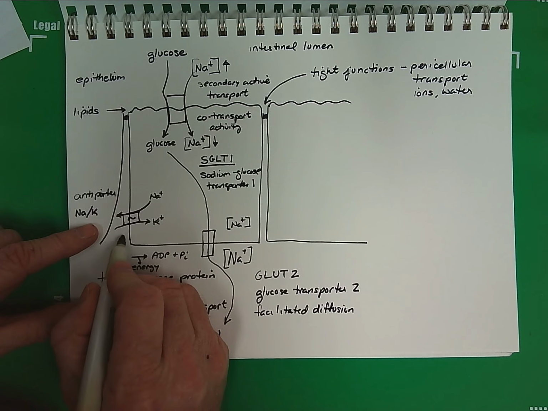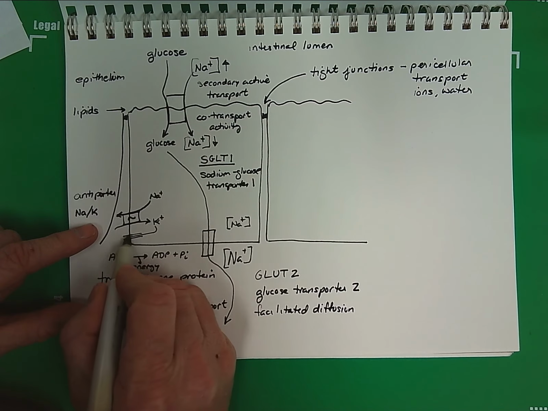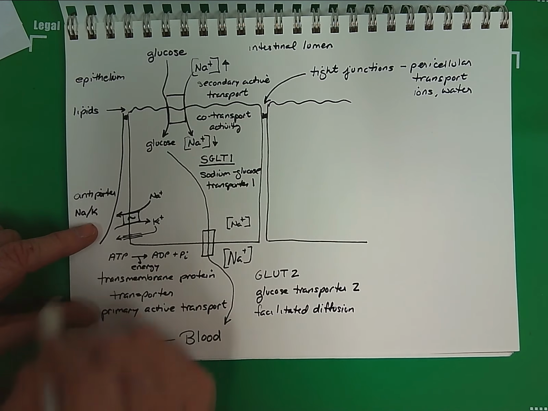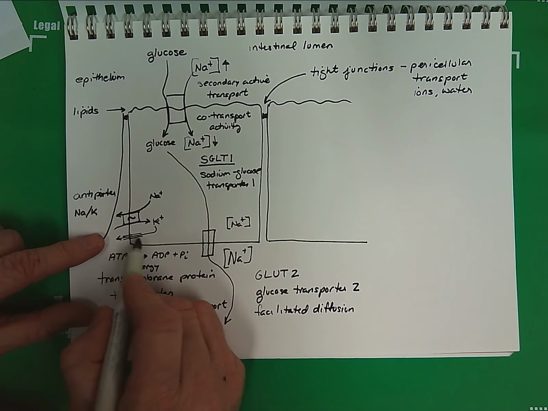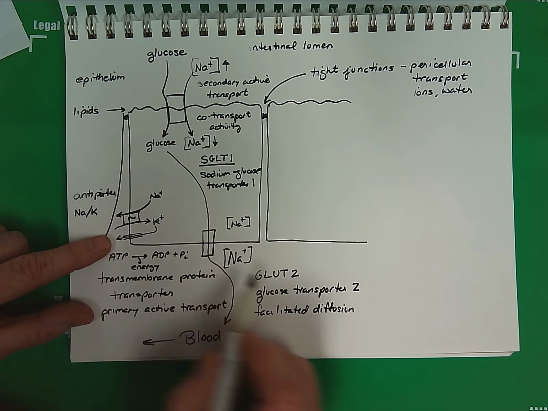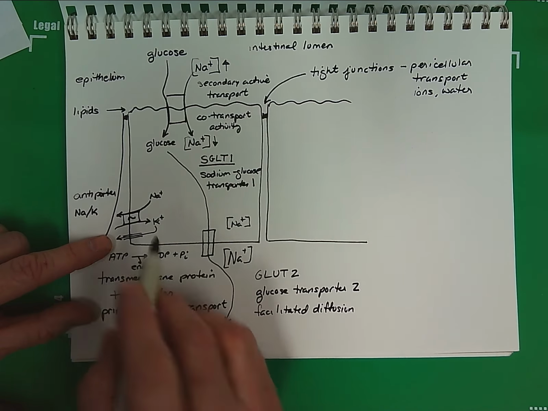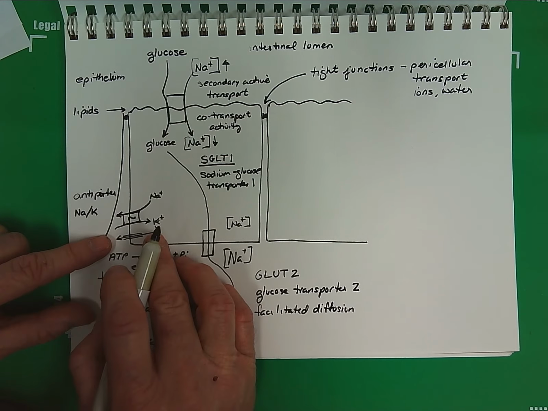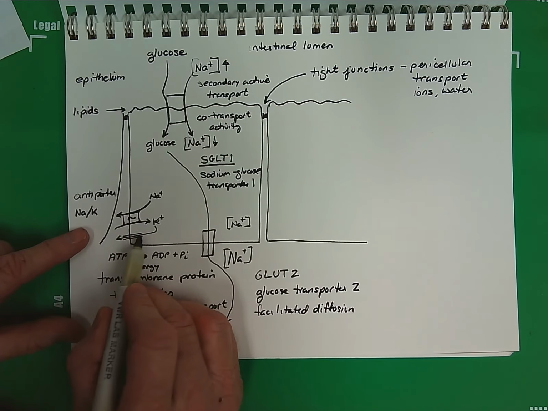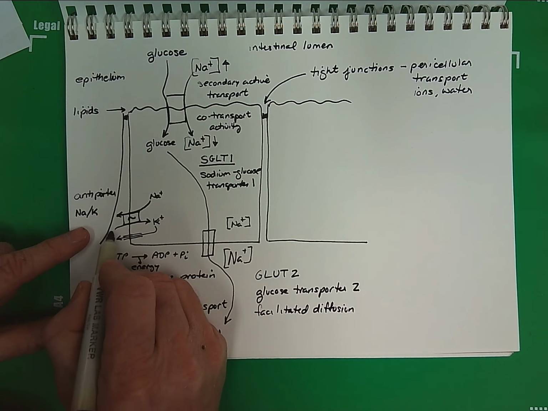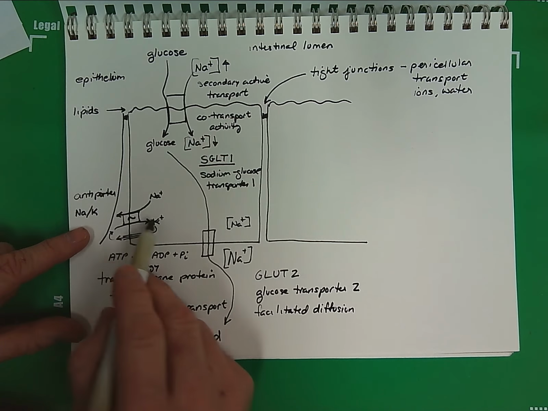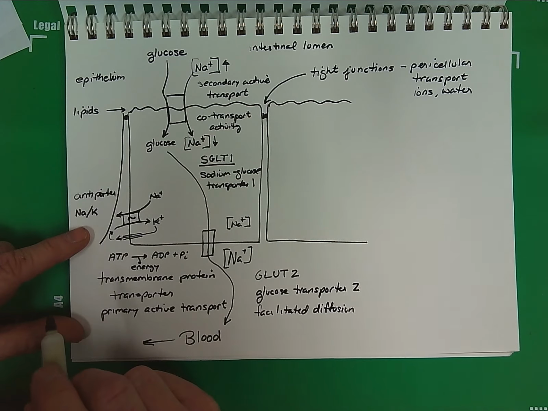So the way we do that is to place a facilitated transporter for potassium in the cell. This responds in the same manner as GLUT2, responds to the high concentration of potassium inside the cell and allows that to pass through. Once it passes through, it can then reverse itself on the sodium-potassium transporter.